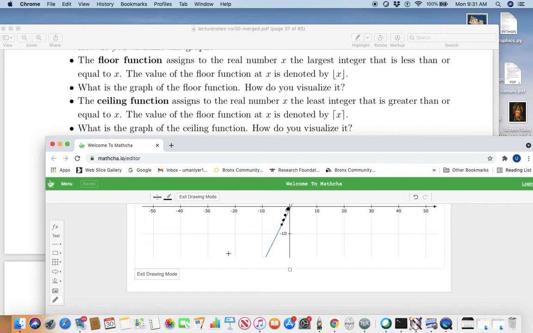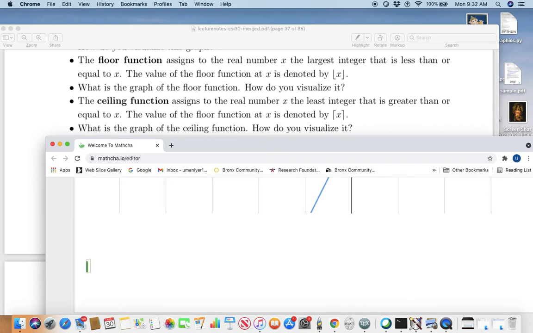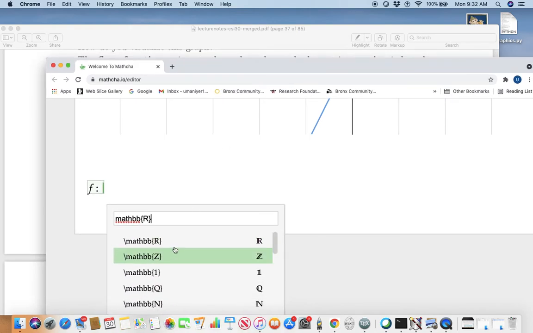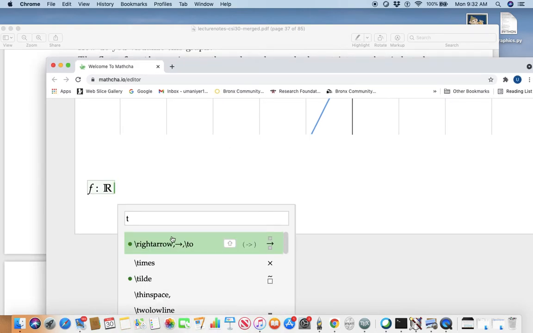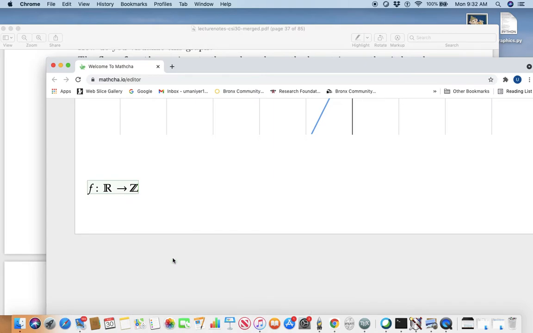So let's write this down. f is from the set of real numbers to the set of integers.